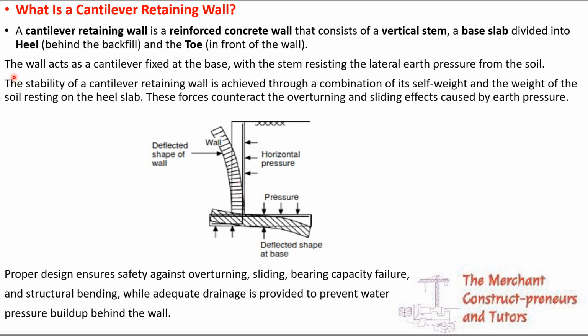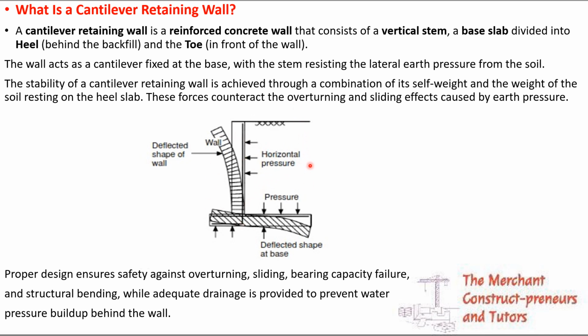So the behavior of the cantilever retaining wall: the wall acts as a cantilever fixed at the base, right, with the stem resisting the lateral earth pressure from the soil. This image is showing how it behaves.